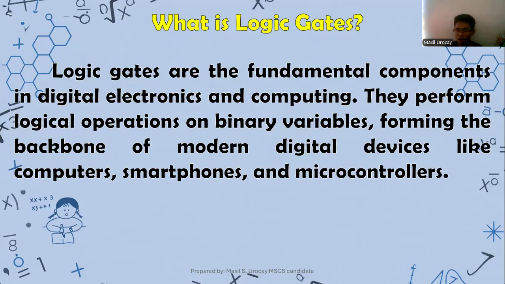And these binary values, class, as stated, true or false, are the representation, and these logic gates process the input and produce an output based on the specific logical rules that we're trying to work on.